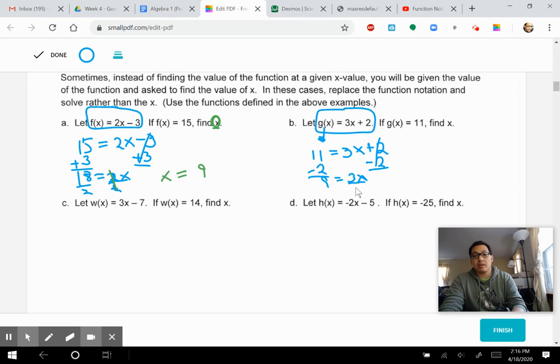Well, we divide by 3. And we get x equals 9 divided by 3 is 3, was our input. So when 3 is our input, then the output is 11.